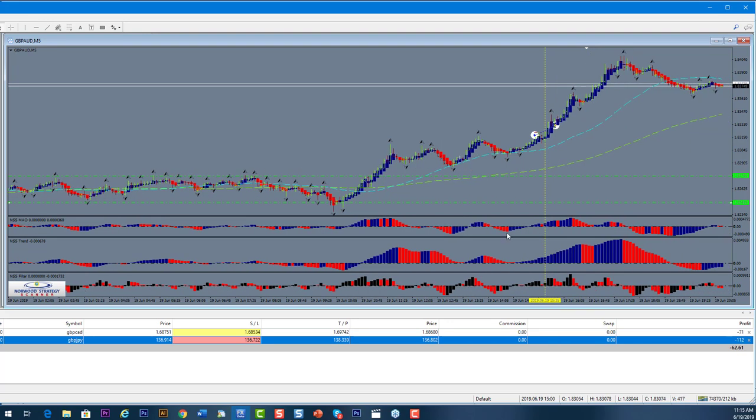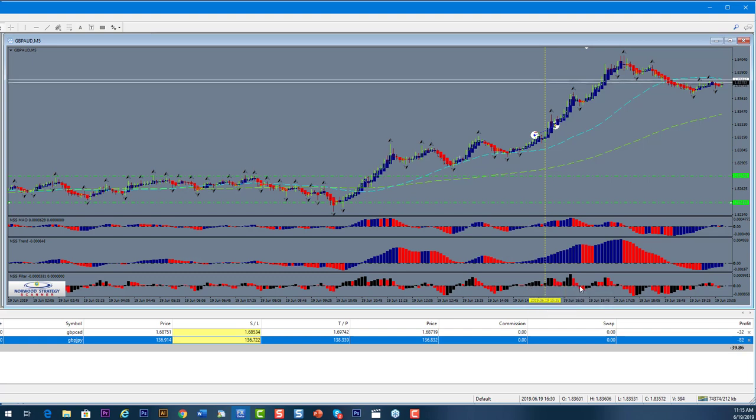Okay, now a zone is based off the filter right here, the Norwood filter. Long when it crosses long, enter, close when it crosses short.